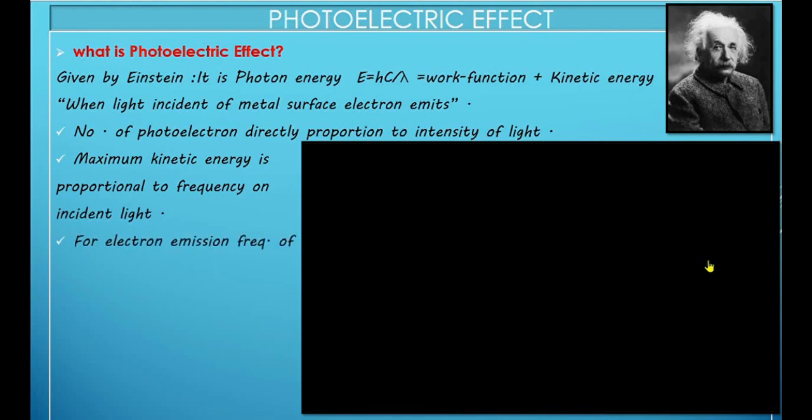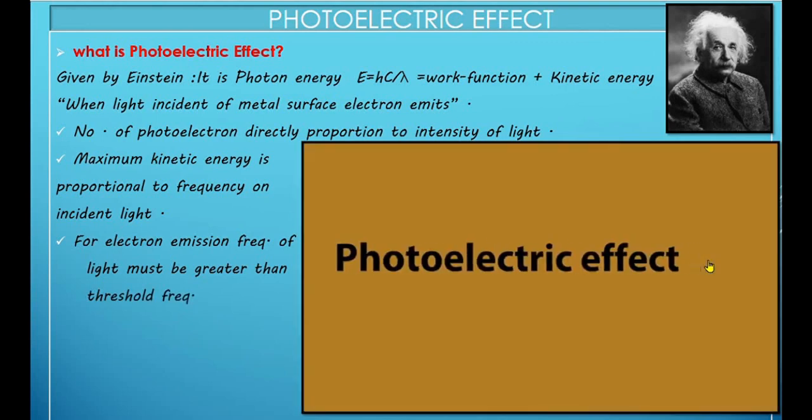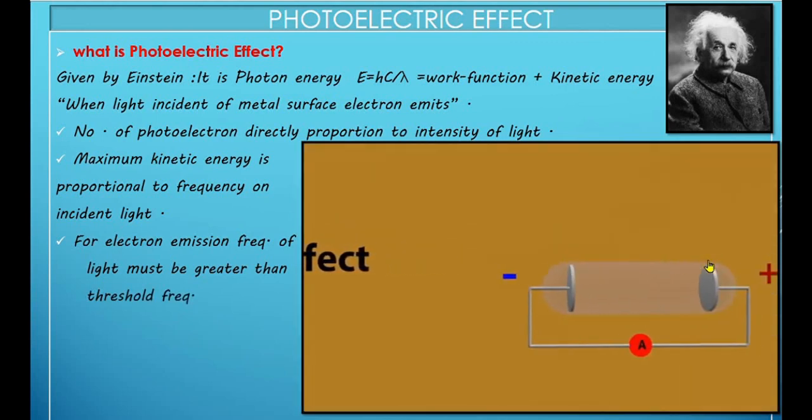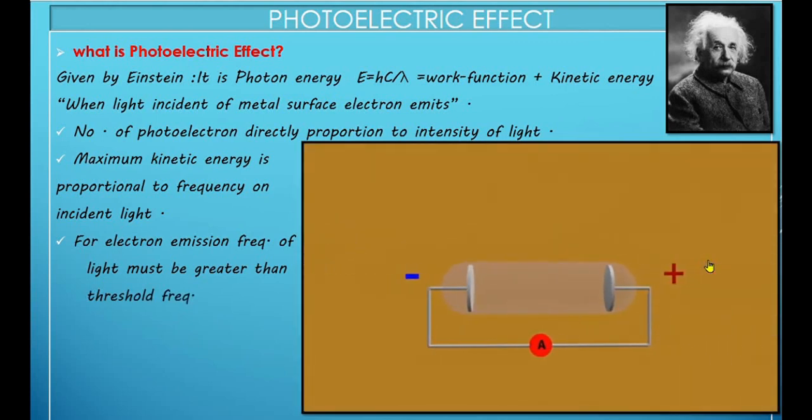So this shows the wave behavior of light, the EM wave. For electron emission, the frequency of light must be greater than the threshold frequency. So this is the photoelectric effect, and in this effect, Einstein showed that light has both particle and wave nature.